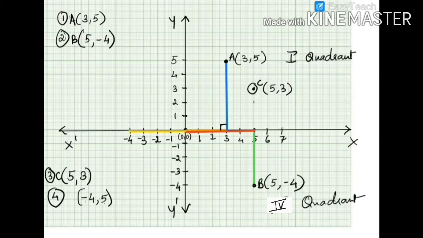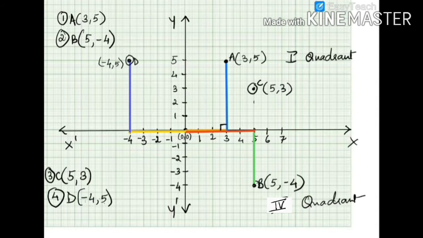Now from there we will mark the y coordinate. The y coordinate is 5, which is positive. So we will move from this point along the positive y-axis by 5 units. So we reach here. So this point will be -4, 5. Let's mark this as D.